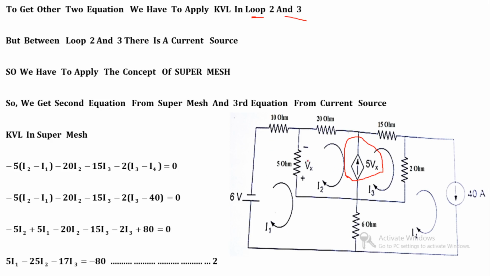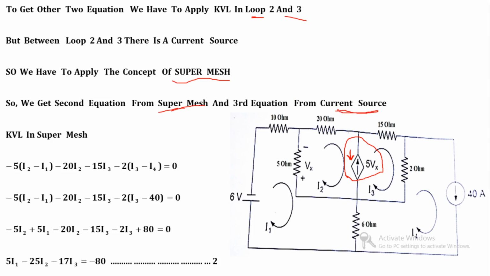When we write the voltage drop across the current source, the resistance of the current source is unknown, so we cannot write the voltage drop across it. Under this condition we have to use the concept of super mesh. Clear? So first we have to write the KVL in the super mesh, and then we have to write another equation from the current source.